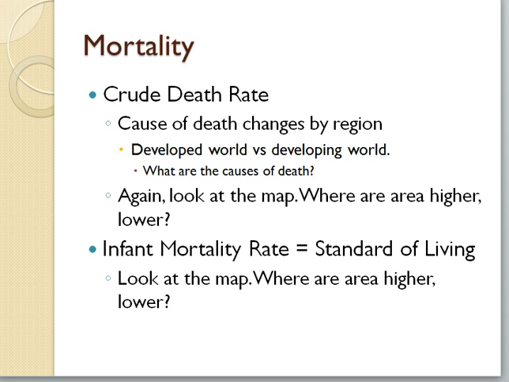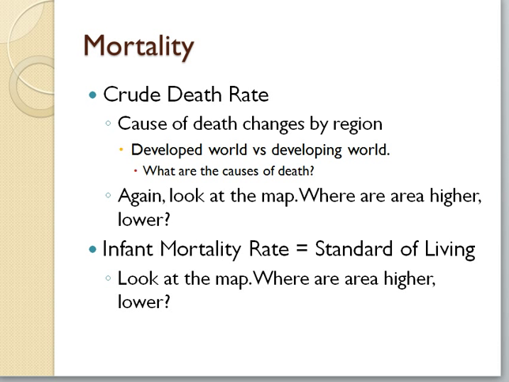In the developed world, the death rates are a result of lifestyle, so smoking, cancer rates. And in some countries, the crude death rate is higher in countries that are more developed than in countries that are developing, just because of lifestyle changes.